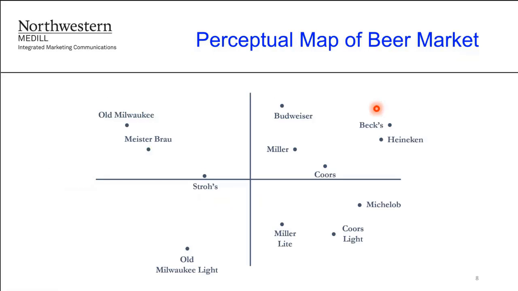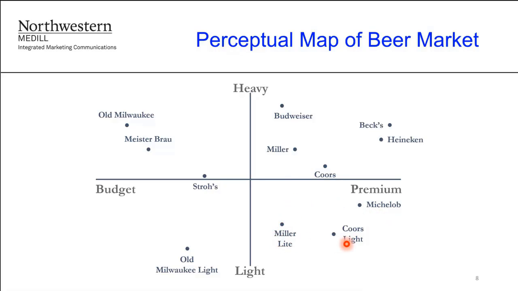So going back to this perceptual map of a beer market, we have the beer brands here, and we have the two dimensions here. I was not so good at naming them because I don't know much about beers, but this is how we can name them based on the brand position.